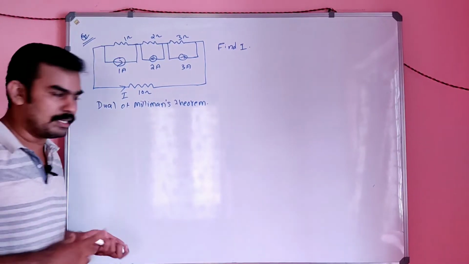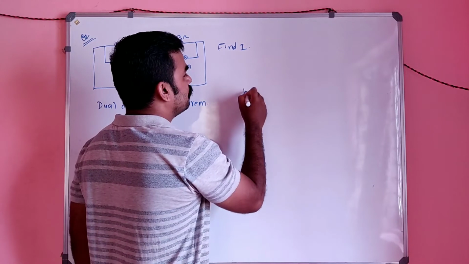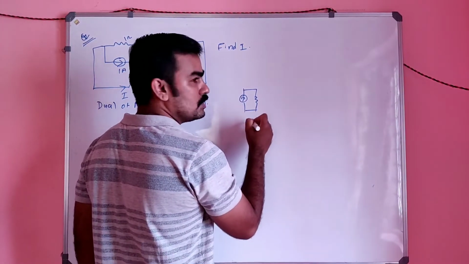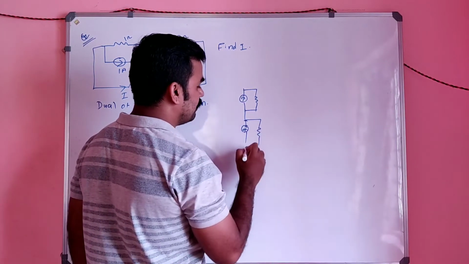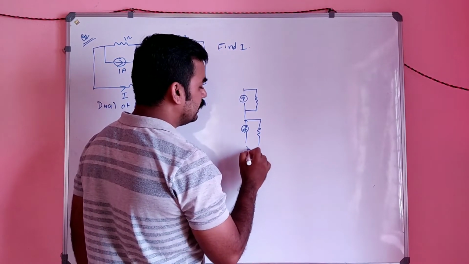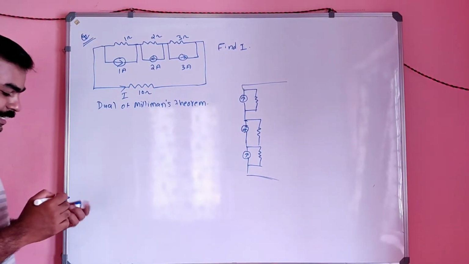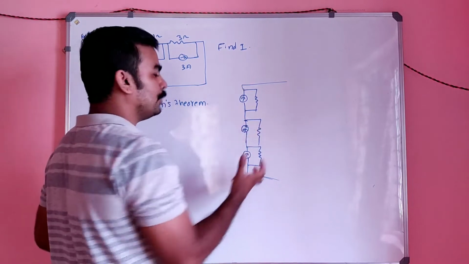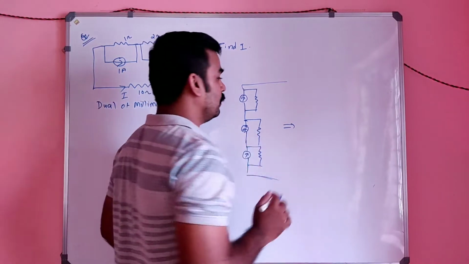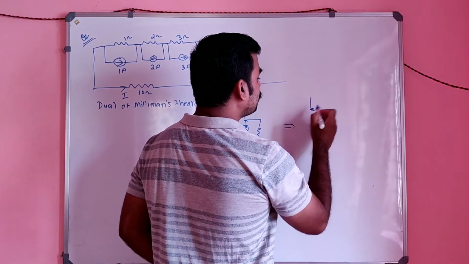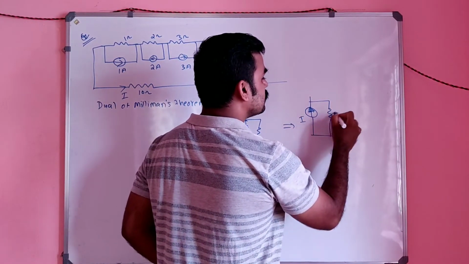If you have many connections, each a current source in parallel with a resistance, and the whole combination is connected in series, then the effective value of the whole circuit can be represented simply as a current source in parallel with a resistance.